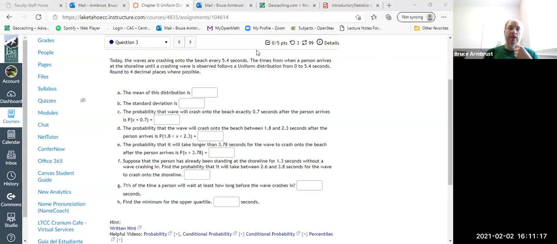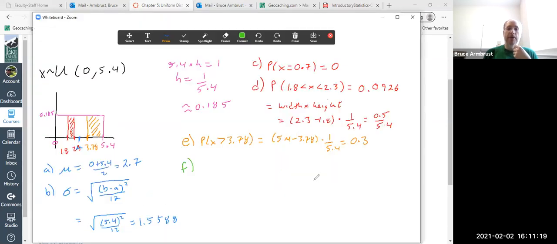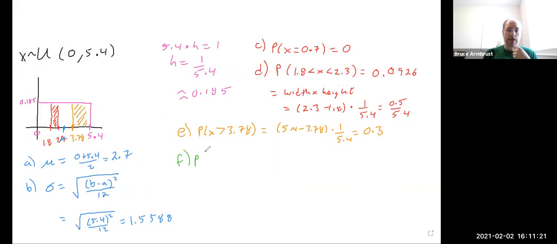Okay, so let me go back to the whiteboard and I'm going to write it with the probability notation. So we want to figure out what's the probability that the wave crashes somewhere between 2.6 and 3.8 seconds, given that we're already greater than 1.3 seconds.